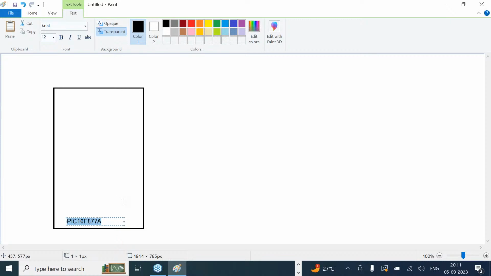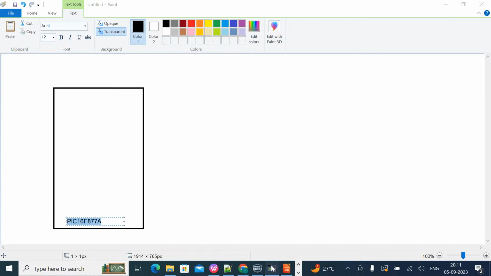Now you may have a question: why am I going with this PIC16F877A, why not the 8051? 8051 is a very basic microcontroller. It's not as strong and doesn't have many features, so we are not using that basic one. But again, why this particular PIC microcontroller?